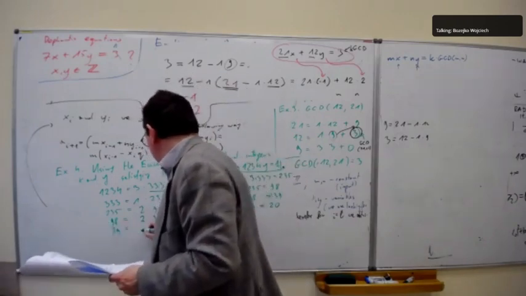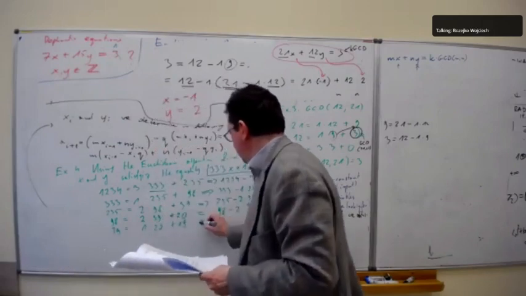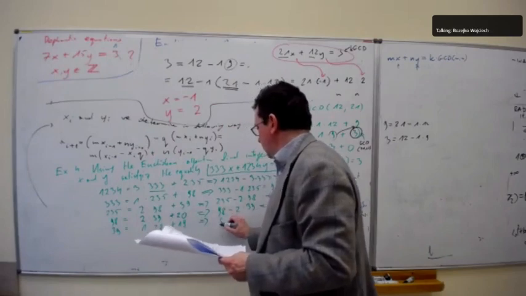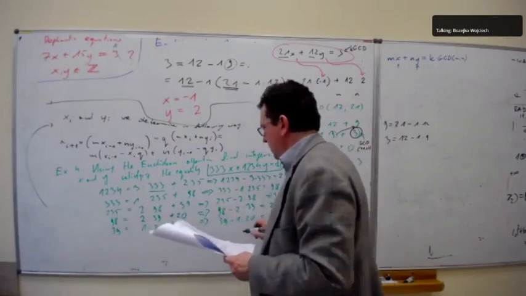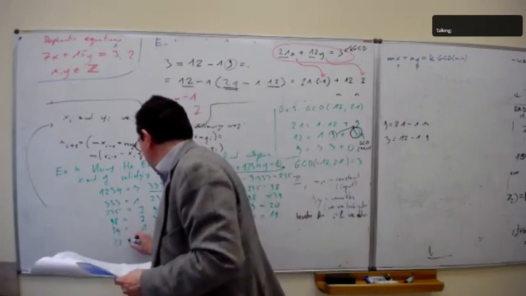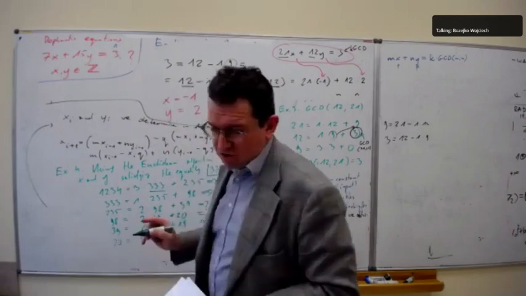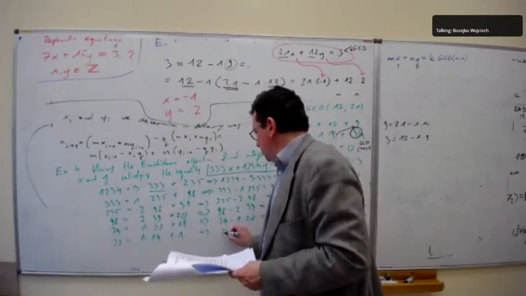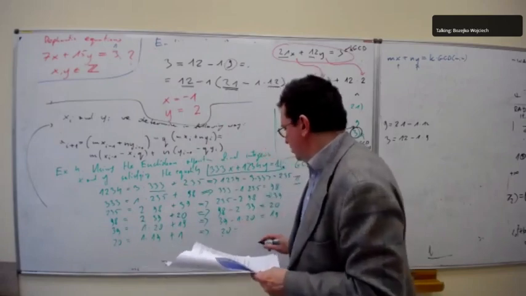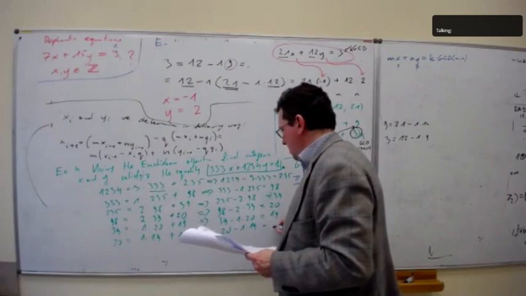39 is 1 times 20 plus 19. And from here we have 39 minus 1 times 20 is 19. And 20 is 1 times 19 plus 1. And here, this is in fact the last step, because the next one gives us the rest 0. 1 times 19, this is 1.